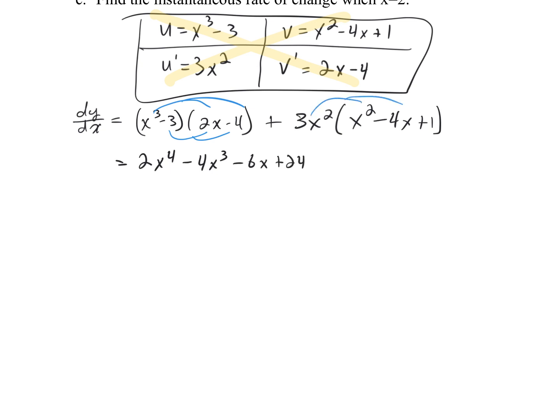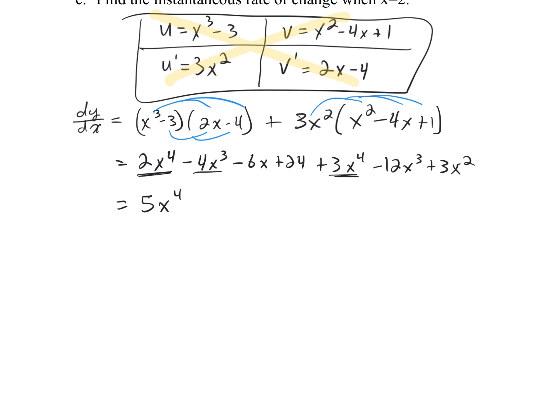Then we'll distribute in that second set of parentheses, and we should get plus 3x to the 4th minus 12x cubed plus 3x squared. Okay, we have a lot of like terms, so I have things that have x to the 4. That should be 5x to the 4th.